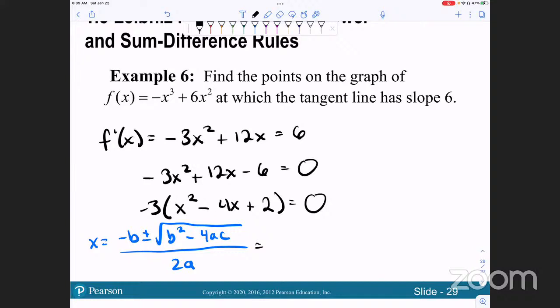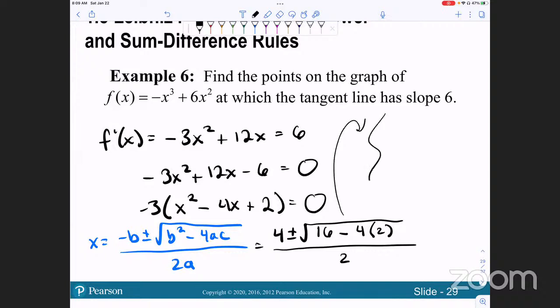Negative b is 4, plus or minus the square root of 16 minus 4 times a, which is 1, and c, which is 2. 16 minus 8 is 8, and the square root of 8 is 2 root 2.